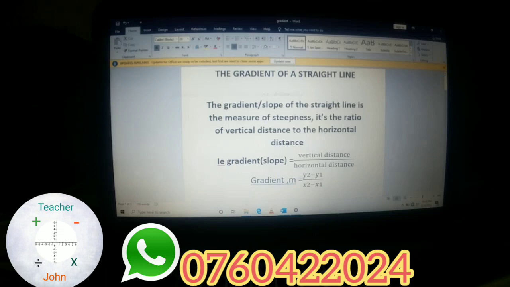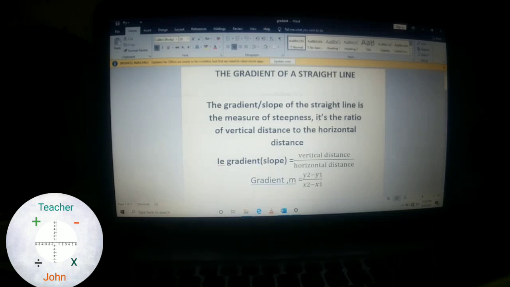Some people say that, when you see its calculation, it is the ratio of vertical distance to the horizontal distance. So the gradient or slope is the vertical distance divided by the horizontal distance.